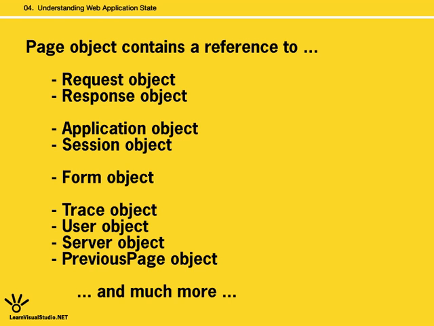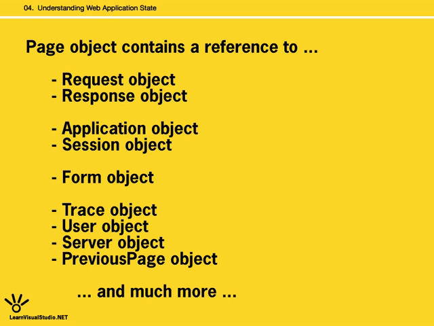And then there's a server object, and that has information about the web server in general and keeps information about like the path, the file path of our specific application as it runs in the server and things of that nature. And then there's an object that's kind of neat called the previous page object, and this gives us information about the previous page that was served to the user before the current page that our code is currently handling.